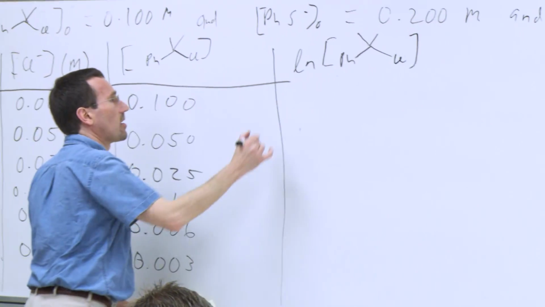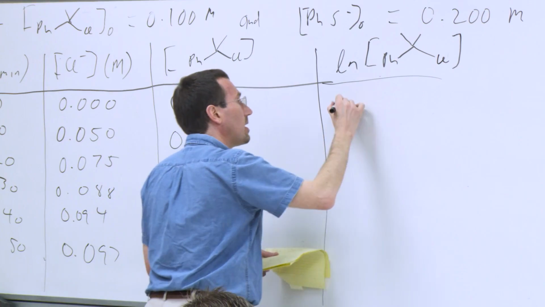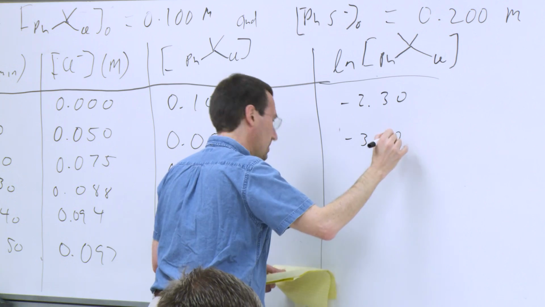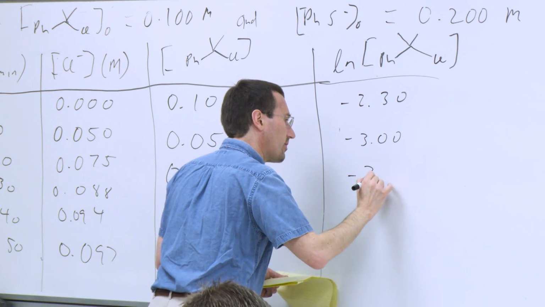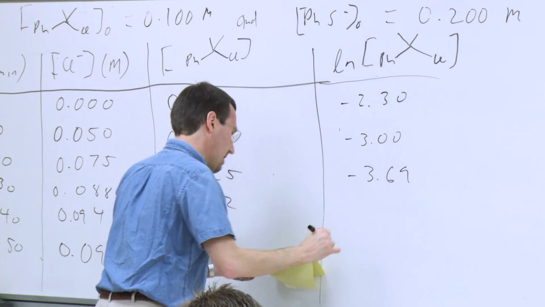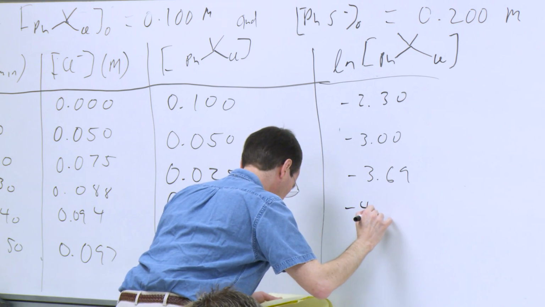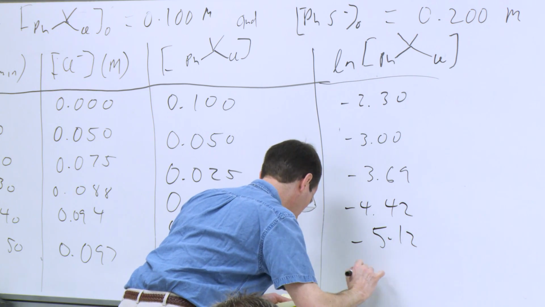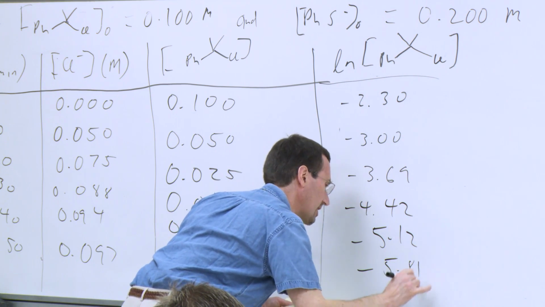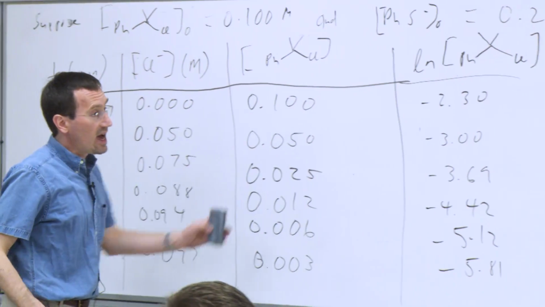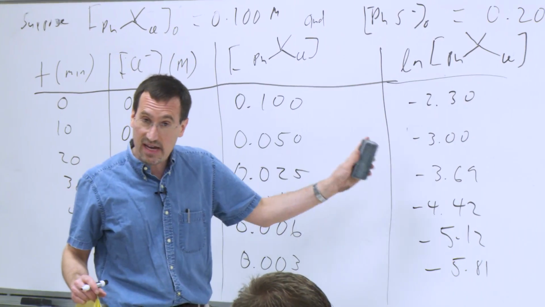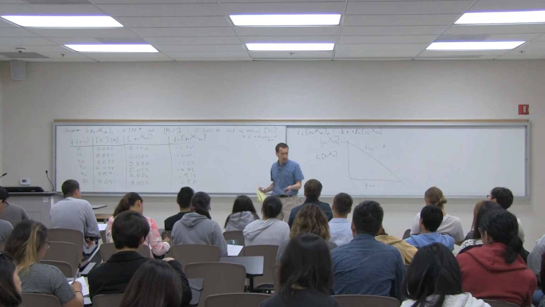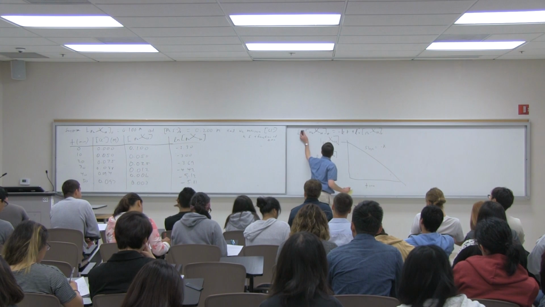So, okay, we take our logarithm here, natural log, -2.30, -3.00, -3.69, -4.42, -5.12, and -5.81. And I want to analyze this admittedly fake data and see if we obey first order kinetics, and I want to extract a rate constant from it.